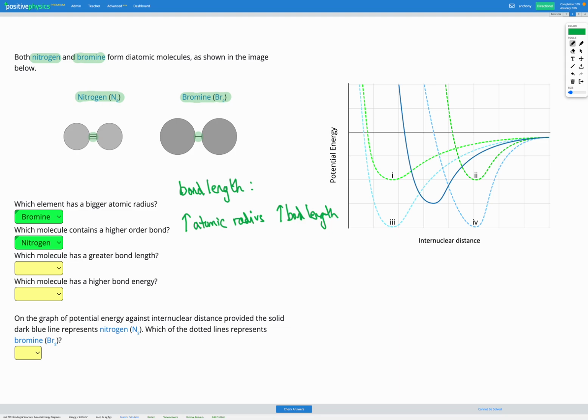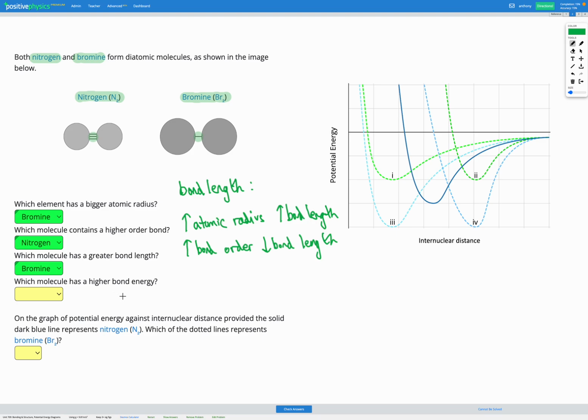Then also, as the bond order increases, the bond length is actually going to decrease because a stronger bond holds the atoms closer together. So to find the one with the greatest bond length, we want the one that has a greater atomic radius but a smaller bond order. The one with the greater atomic radius is bromine. So bromine is going to have the greater bond length.